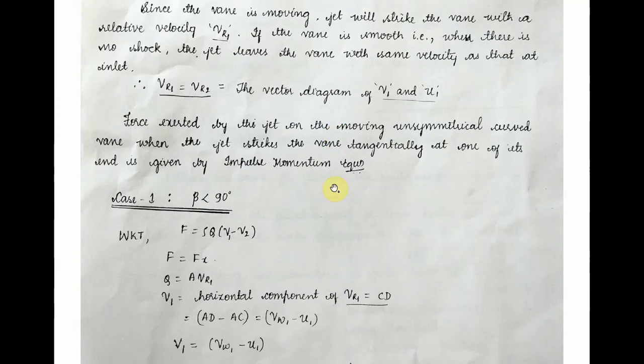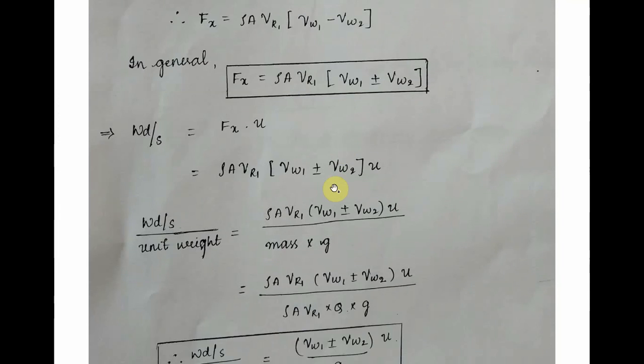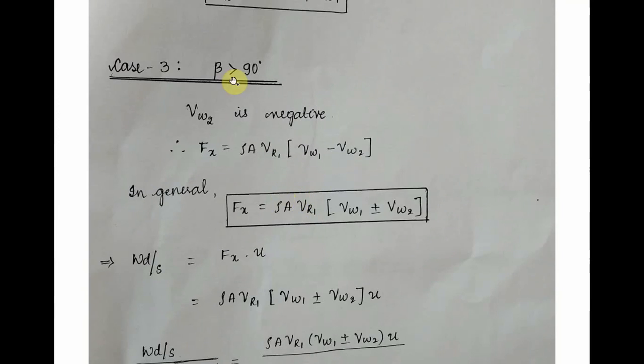So in case 3, when beta is greater than 90, VW2 is negative.